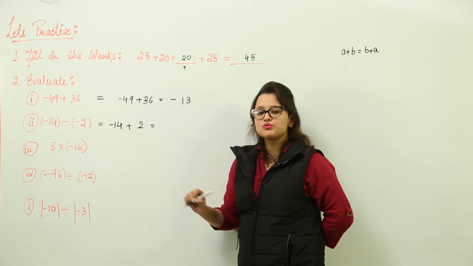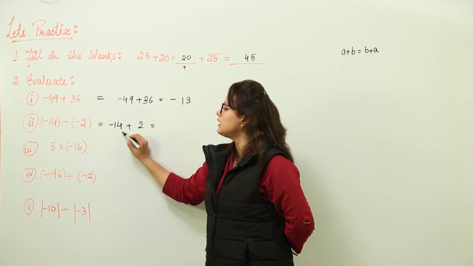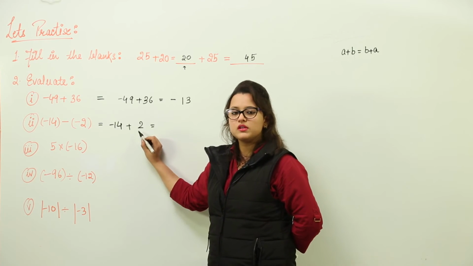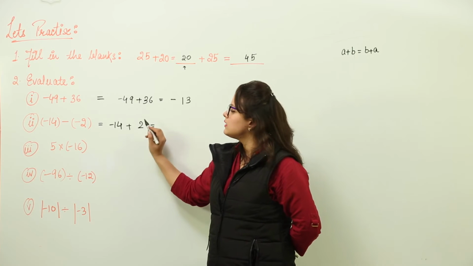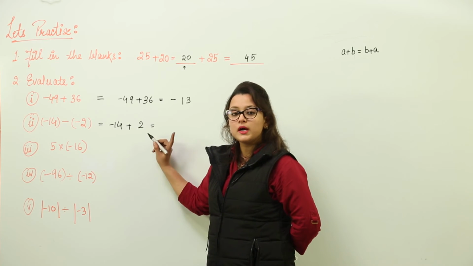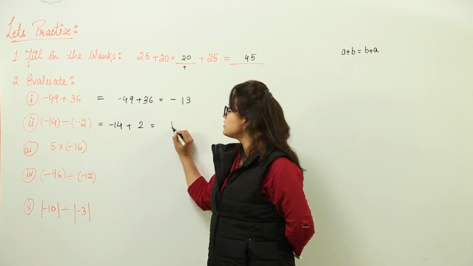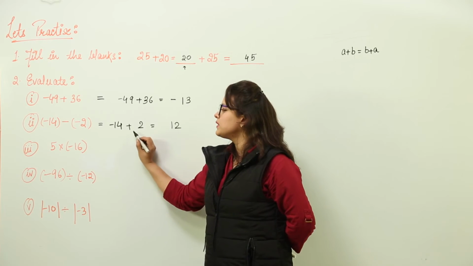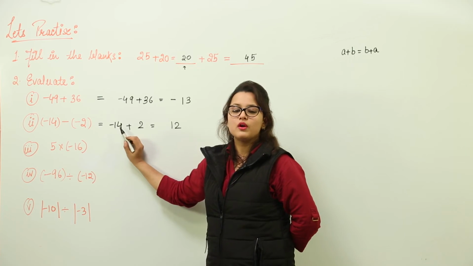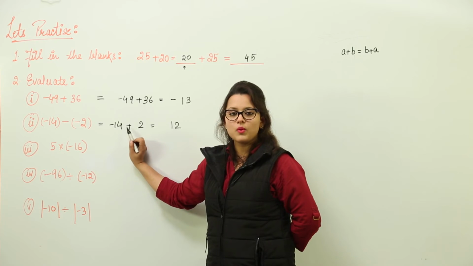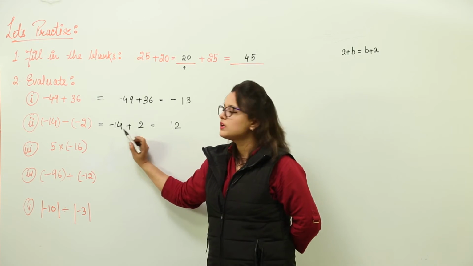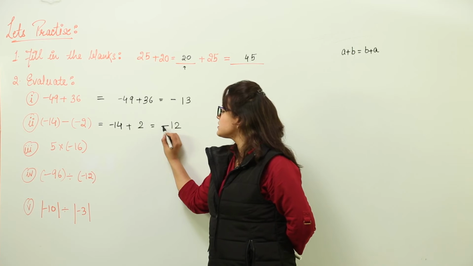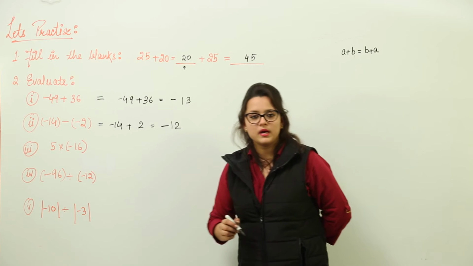Minus 14 plus 2, which is again a negative integer added to a positive integer. So we will consider it a subtraction only, which gives the result 12 but with the sign of the bigger number. Which of them both is the bigger one? We have 14 as the bigger one. So the answer is going to have the sign of the bigger number, that is minus.